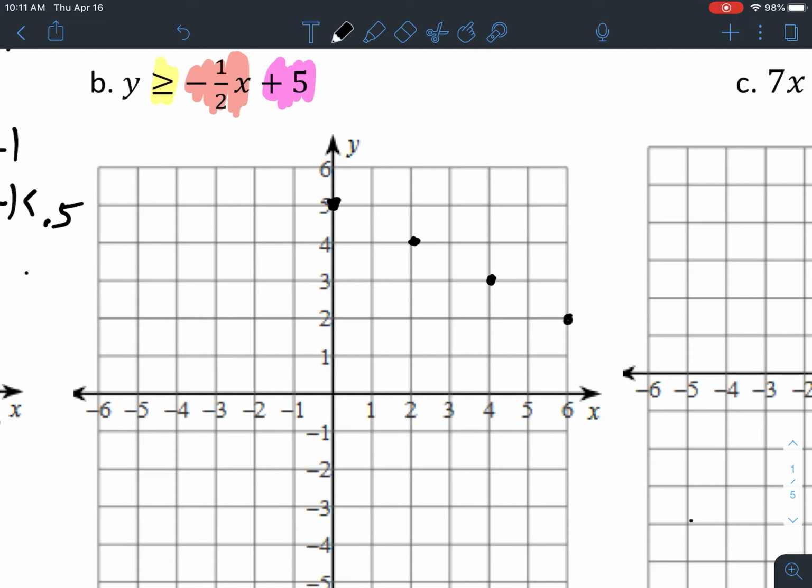Down 1 to the right 2. You can check the other way too to make sure, you can come across to the left side. You go up 1 to the left 2 then. Now, because you have this symbol there, that's a solid line. So you just draw and hold a line across, let go, and it gives you the solid line.